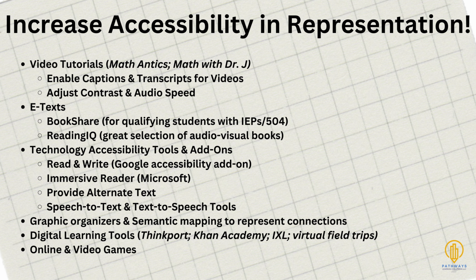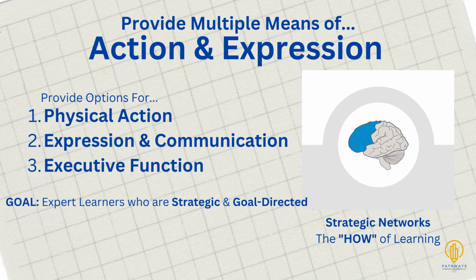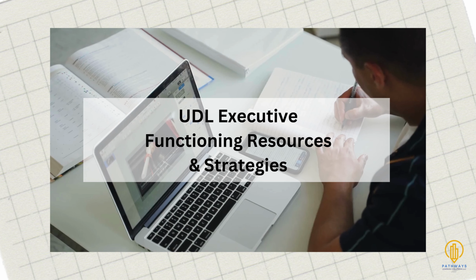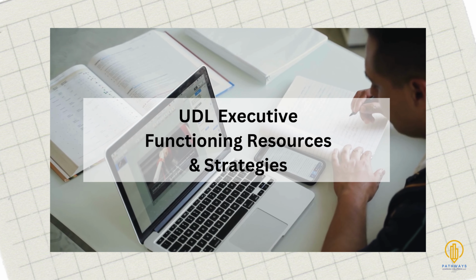The third CAST guideline is to provide multiple means of action and expression for students. The strategic networks of the brain process the how of learning. You can activate this area of the brain by providing options for physical action, expression and communication, and executive function. Here are some ways to improve executive function in your classrooms.